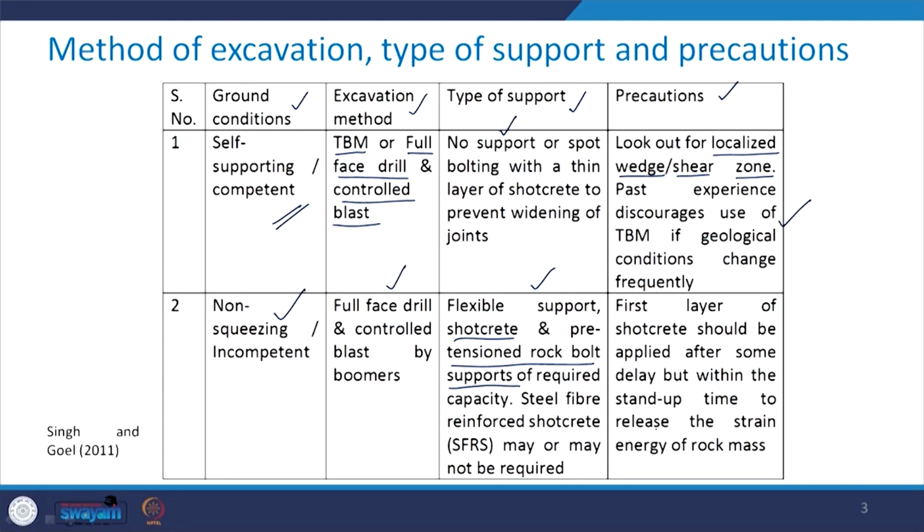Now, how to determine the required capacity of the rock bolts, etc., we will learn. Steel fiber reinforced shotcrete, which is in short called SFRS, may or may not be required in this case. We need to be careful that the first layer of shotcrete should be applied after some delay, but within the stand-up time to release the strain energy of the rock mass.